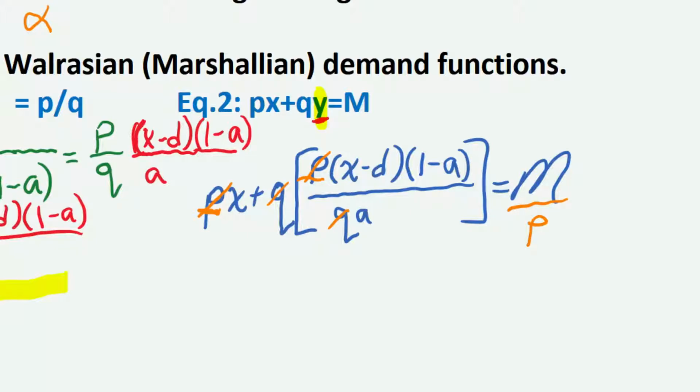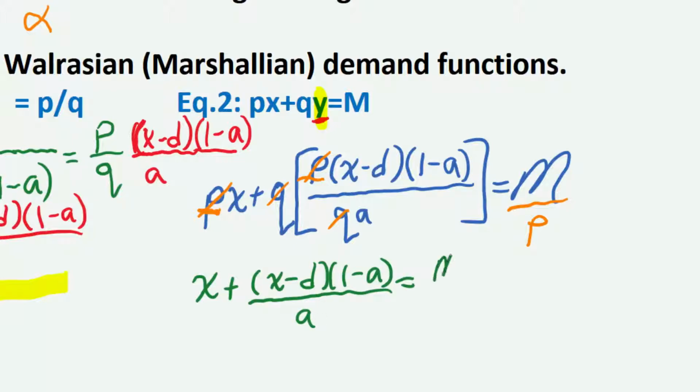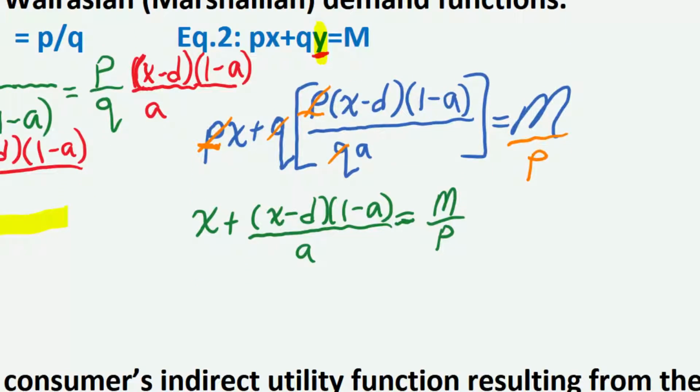Now let's rewrite what we have here so far. So we have x plus, and then we have x minus d, 1 minus a over a equals our budget divided by the price of x here, p. The next thing I want to do is somehow get these x's together. The easiest way I see to get those x's together is this x is divided by a, so let's provide a common denominator here.